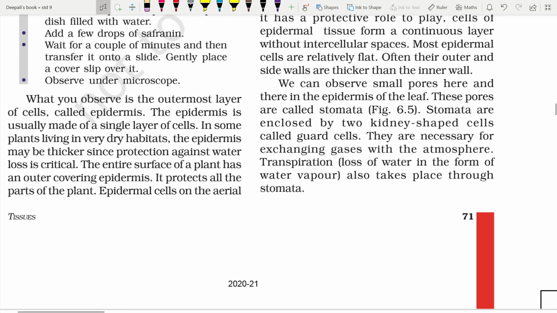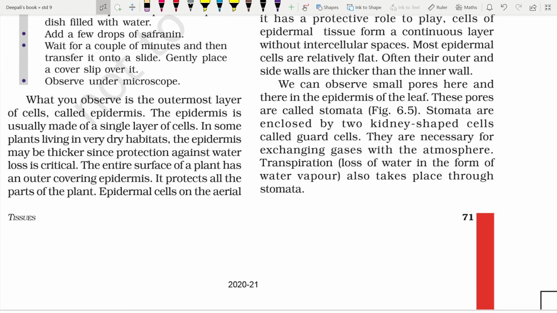Observe under the microscope. What you observe is the outermost layer of cells called epidermis. The epidermis is usually made of a single layer of cells. In some plants living in very dry habitats, the epidermis may be thicker since protection against water loss is critical. The entire surface of the plant has an outer covering, the epidermis.